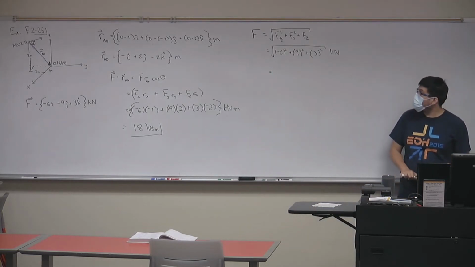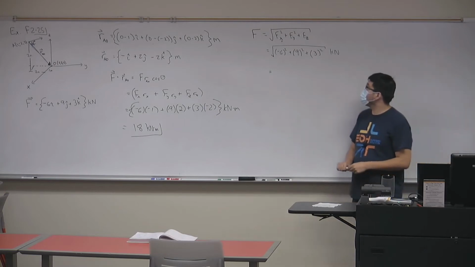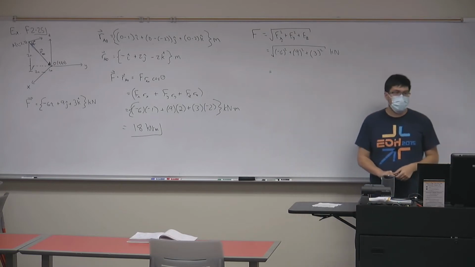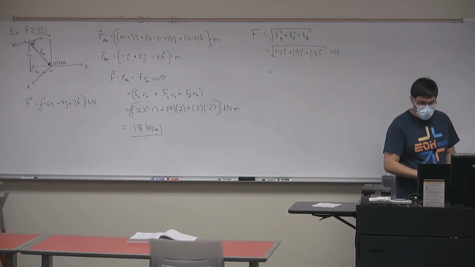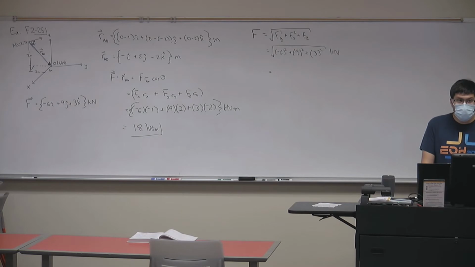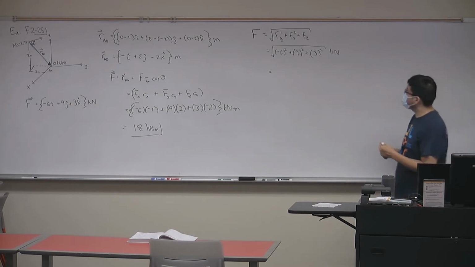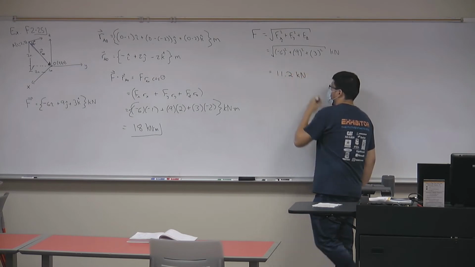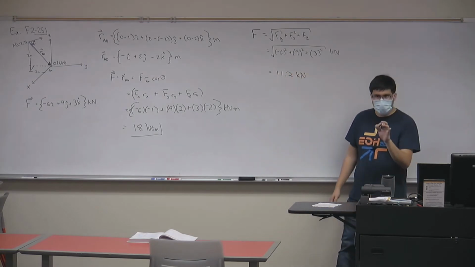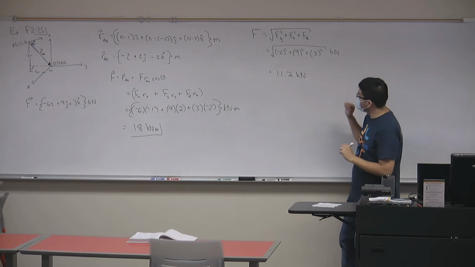See, we got square root of 36 plus 81 plus 9. How much is that? 11.2 kilonewtons. Does that sound right to everyone else? Okay, good.